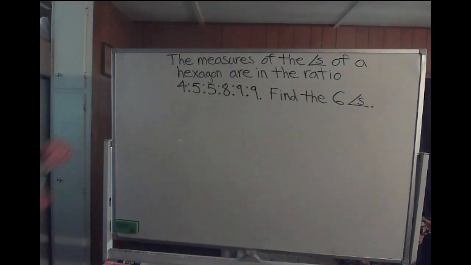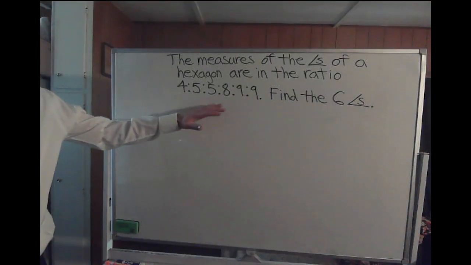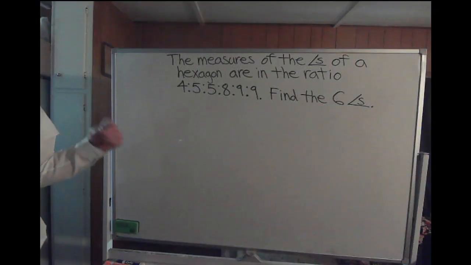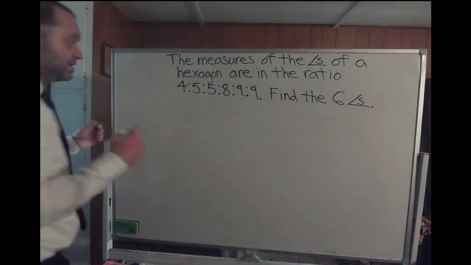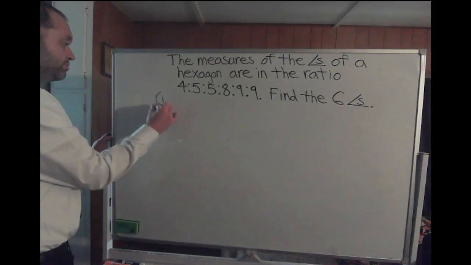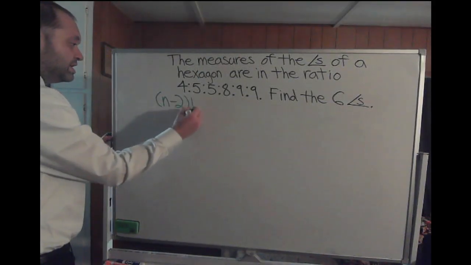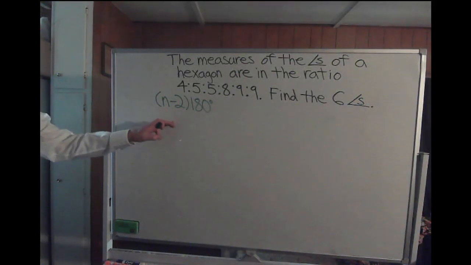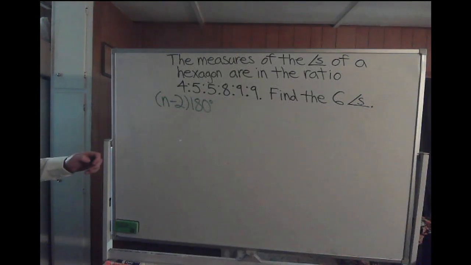Well, there is a very important formula we learned earlier in the course. Obviously, the ratio of these angles is referring to the sum of the measures of the interior angles of a hexagon. A hexagon has how many sides? It has 6 sides. Remember the formula? We have the number of sides minus 2 times 180 degrees. That equals the sum of the interior angles, right?